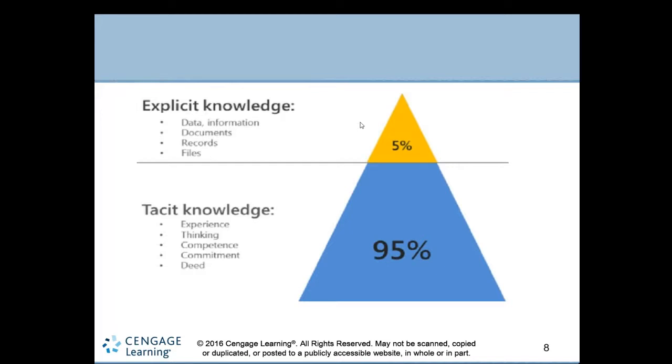You have paperwork, records, information, manuals, but how do you work on them? Based on your skills, thinking, ability and competency. So 95% of activities or business operations can be carried out by tacit knowledge only.